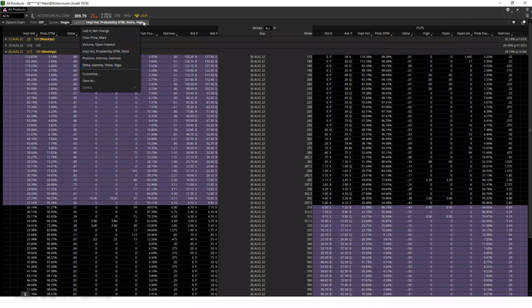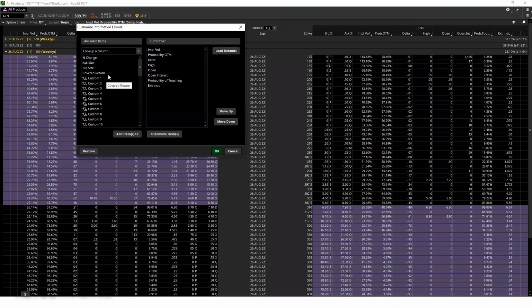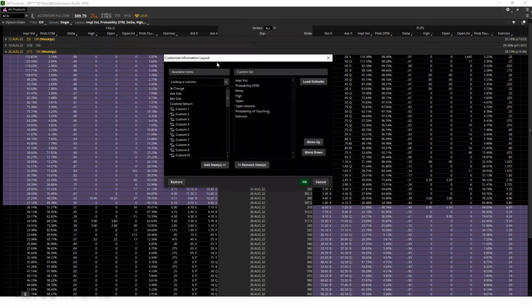You'll click on the drop-down box, and then you can hit customize. It's going to bring up a window that lets you add different statistics and things about the options chain to your chain, because it's probably not going to default to that. You'll notice here I've got probability of touching.